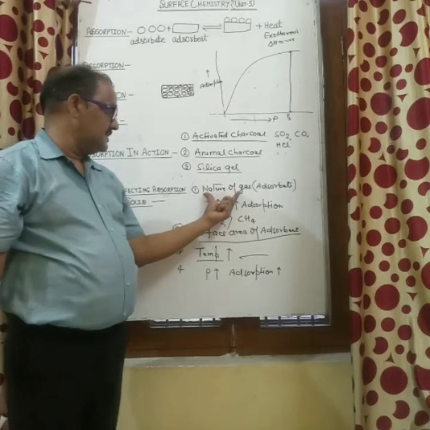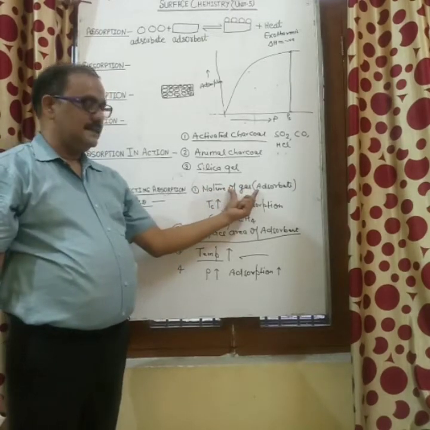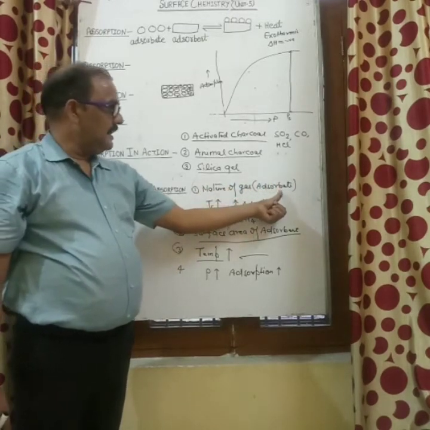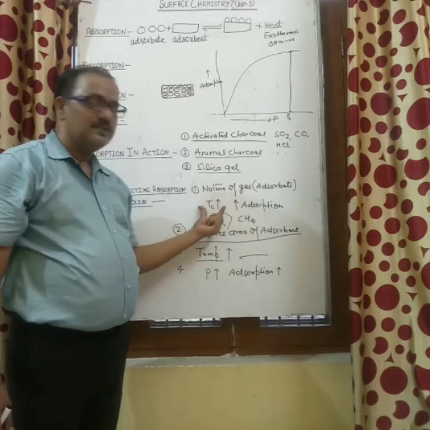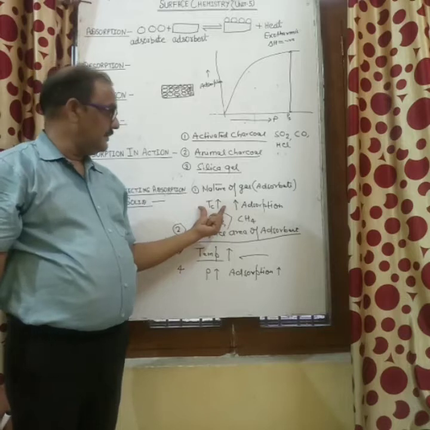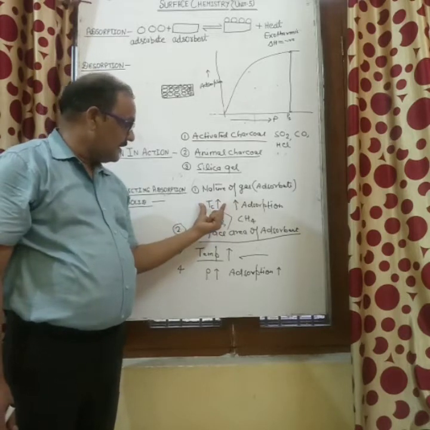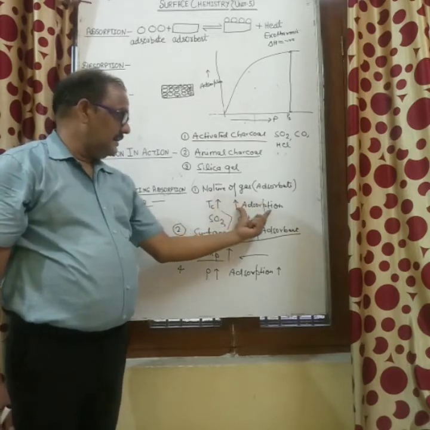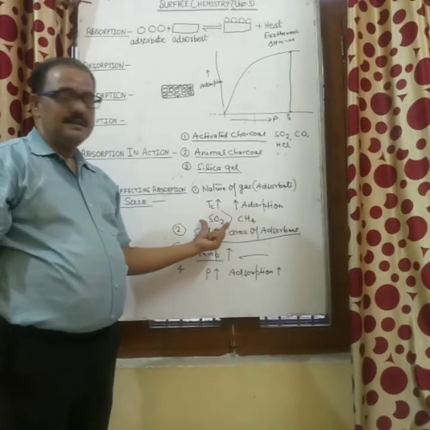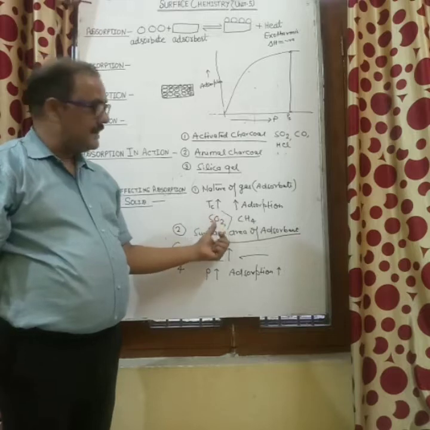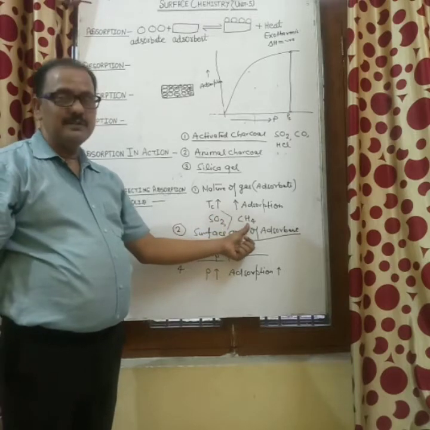Again, first is the nature of the gas, that is the adsorbate. Nature of the gas, it depends on the critical temperature. Okay, higher the critical temperature, greater will be the adsorption. For example, sulfur dioxide has a higher critical temperature as compared to methane.